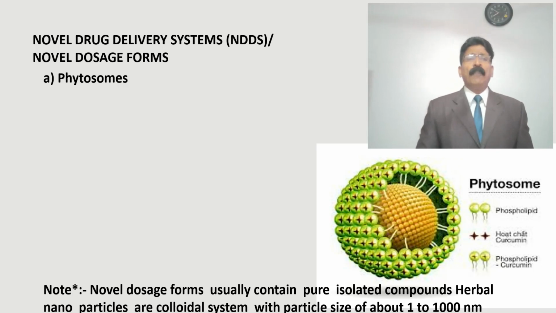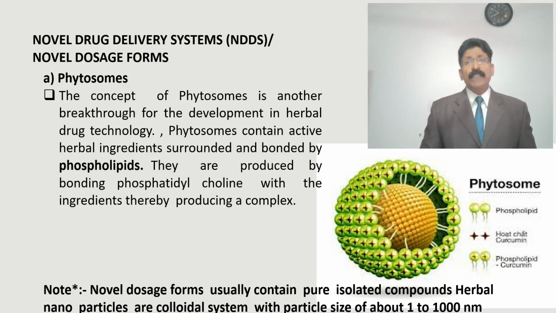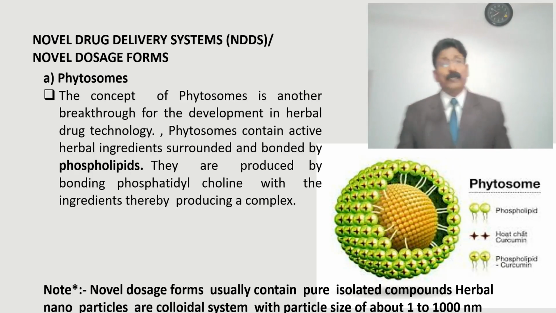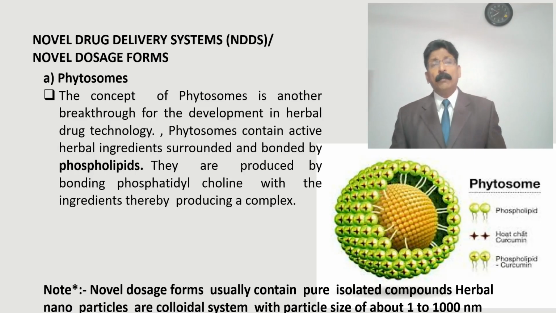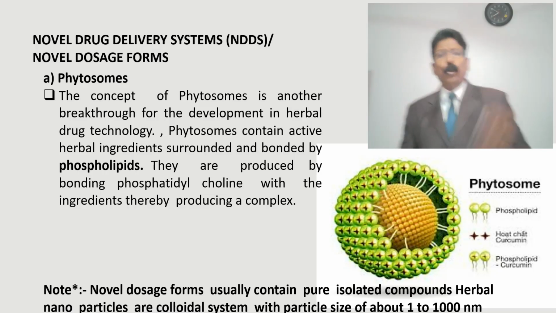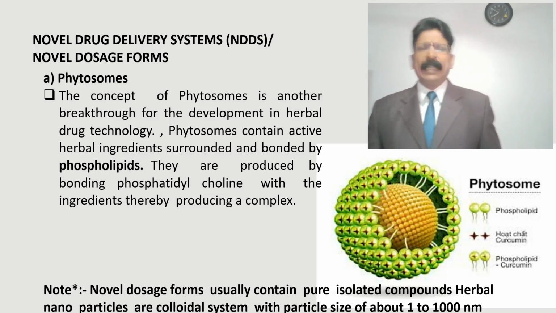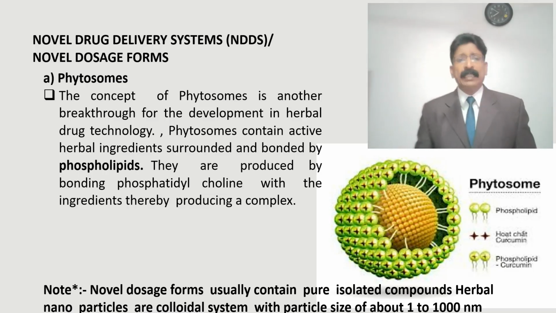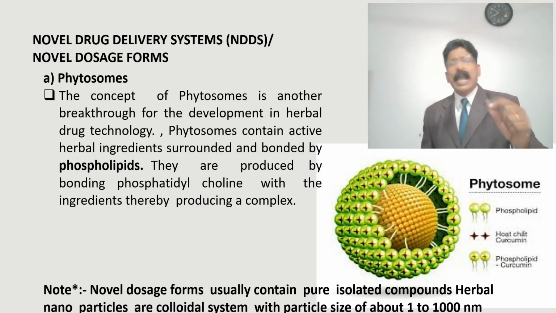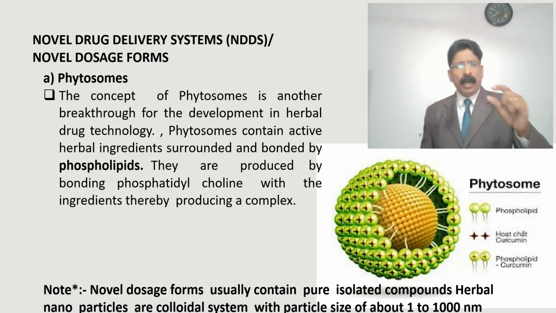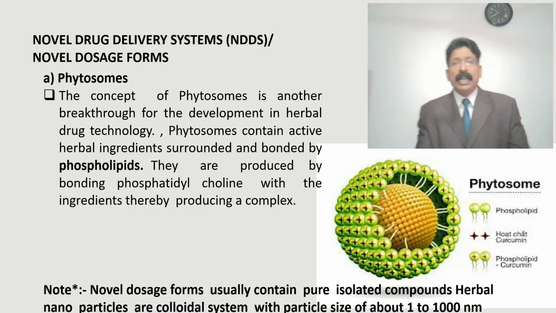And what are phytosomes? The concept of phytosomes: phyto means plant chemicals, plant constituents, the specific active principle. Phytosomes are another breakthrough for the development of herbal drug technology, an interesting technology. Phytosomes contain active herbal ingredients surrounded and bounded by phospholipids, as shown in the picture.